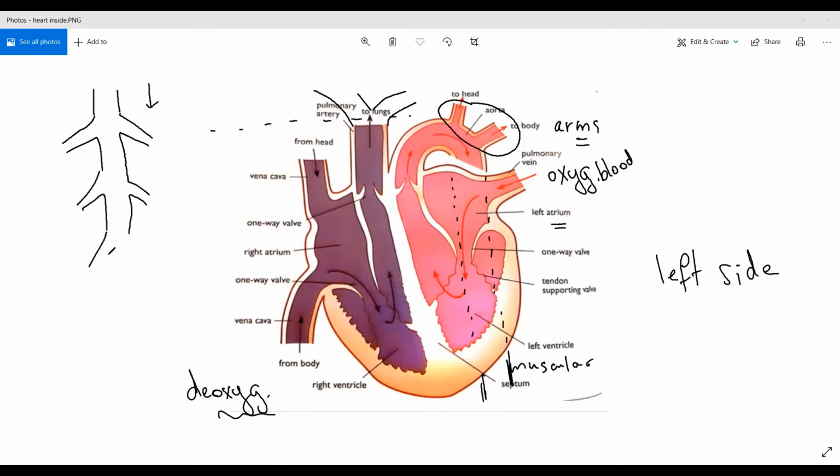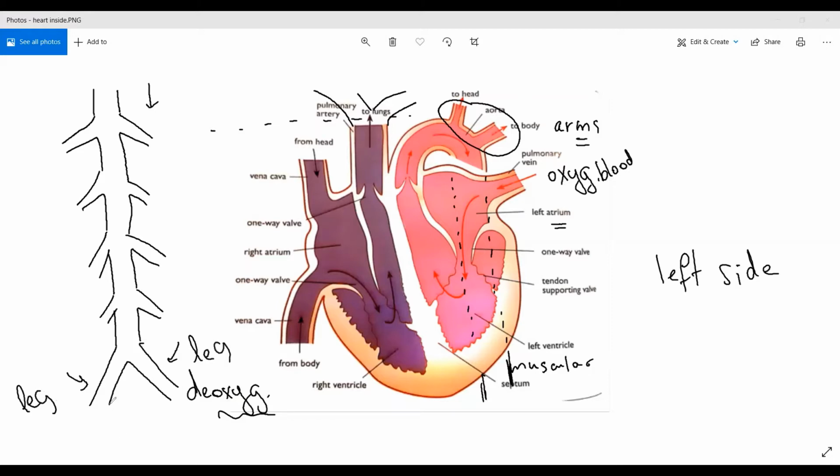The aorta gives branches and branches to all parts of the body until finally, at the end of the trunk, it divides into two branches. One of them is going to one leg or lower limb, and it ends in the toes of the feet.